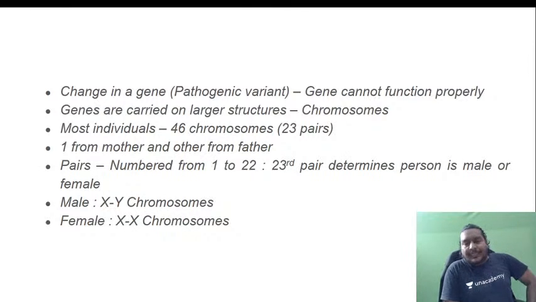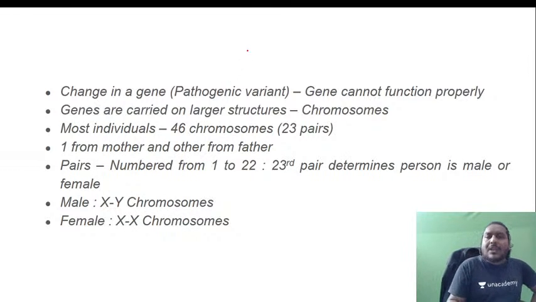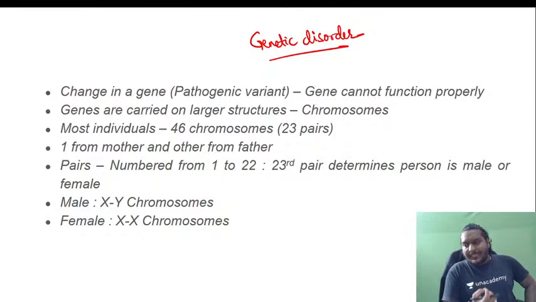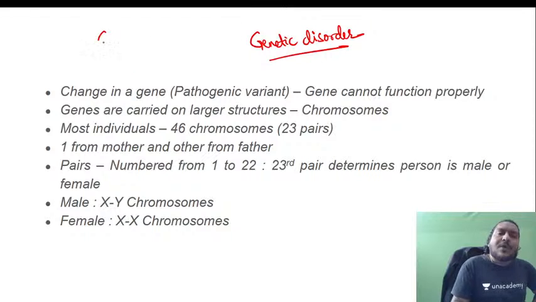But you often find a very interesting case called a genetic disorder. What is a genetic disorder? It is a kind of issue that people have in the genes of a person. A person is born with one gene, and after a few years, because of some reason, the genes cannot function properly.